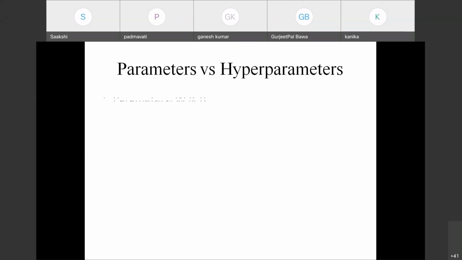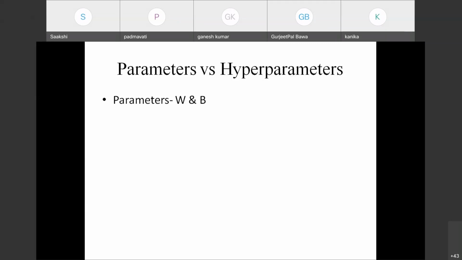Parameters are these two: weights and biases. At the end, what we need to do is learn the weight and bias values such that the end result, the predicted value, should be as close as possible to the actual value.